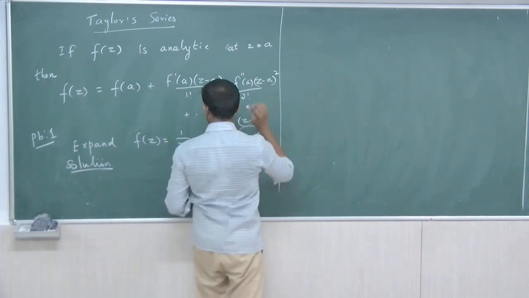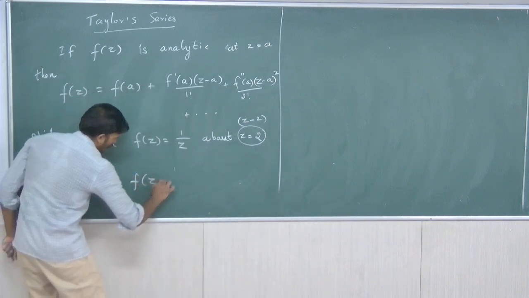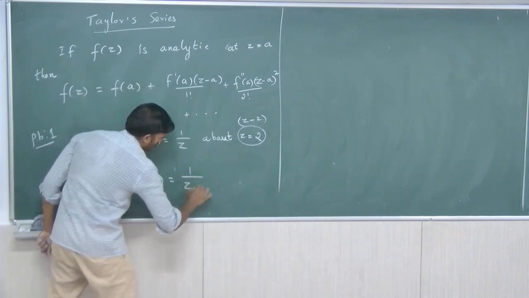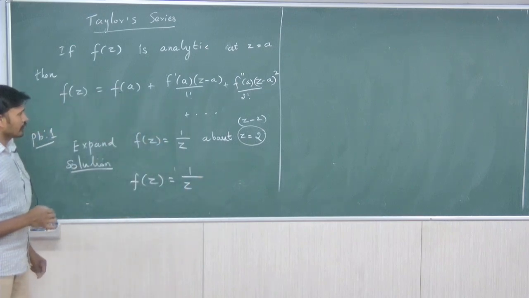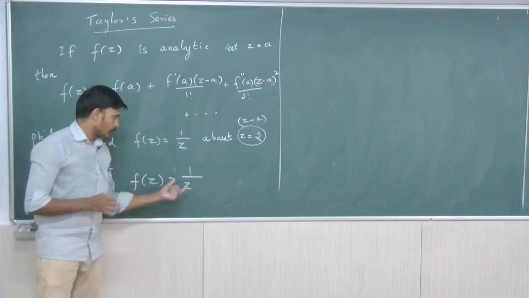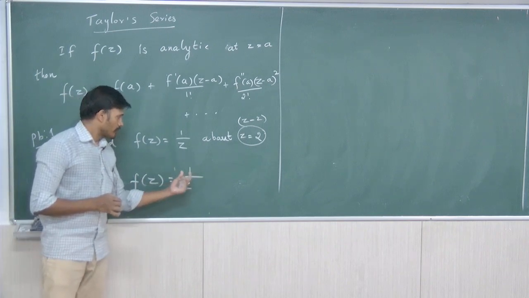Second method. So what is given? F of z equal to 1 by z, right? Our aim is to expand this function in terms of z minus 2.